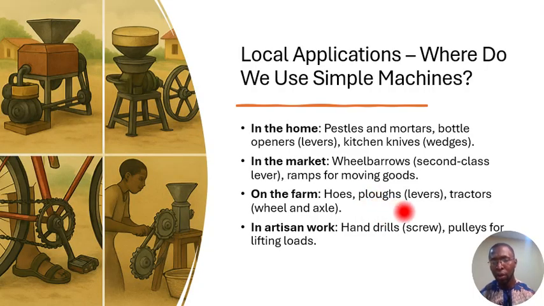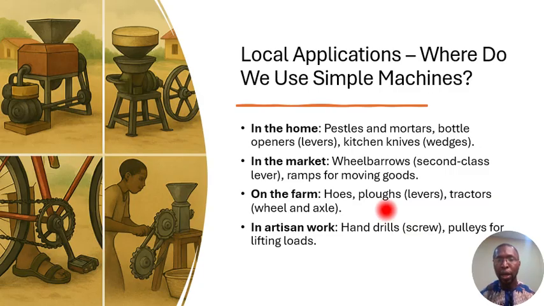For example, some carpenters make use of the hand drill in taking the screw into the object, either the wood or a metal surface. Okay, so we use them in a lot of areas of application in our local areas.